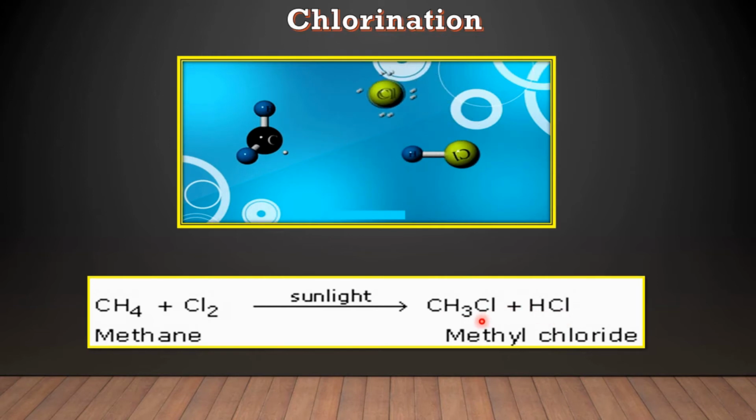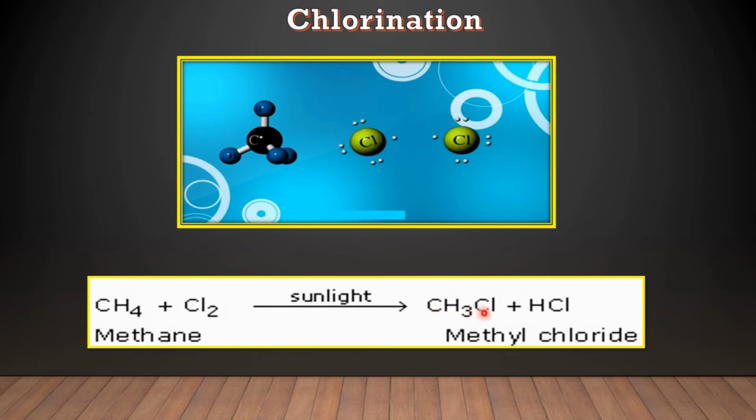All the hydrogen atoms in the methane gas get replaced by chlorine atoms in this chlorination reaction. As you can see in the diagram, each hydrogen atom gets replaced by a chlorine atom and hydrogen chloride is formed, and the other product is CH3Cl, that is methyl chloride.